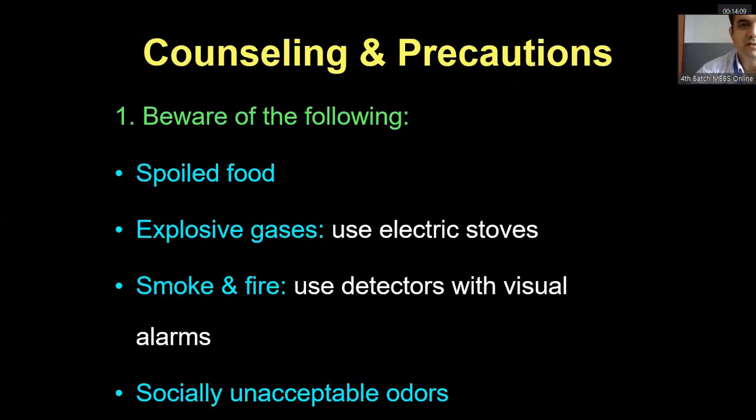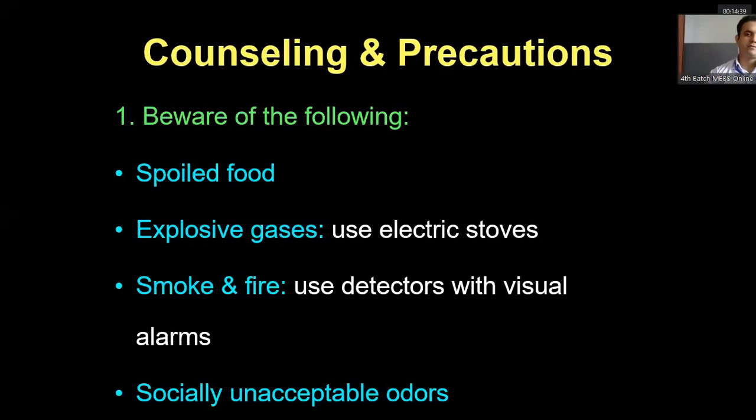Counseling regarding the following: spoiled food. The smell function is not only for good smells, it is also a protective mechanism. Suppose the patient has anosmia and can't smell anything. Even we, when we have hyposmia while suffering from sinusitis, are not able to smell anything properly, so we cannot know if the food is good or has been spoiled.